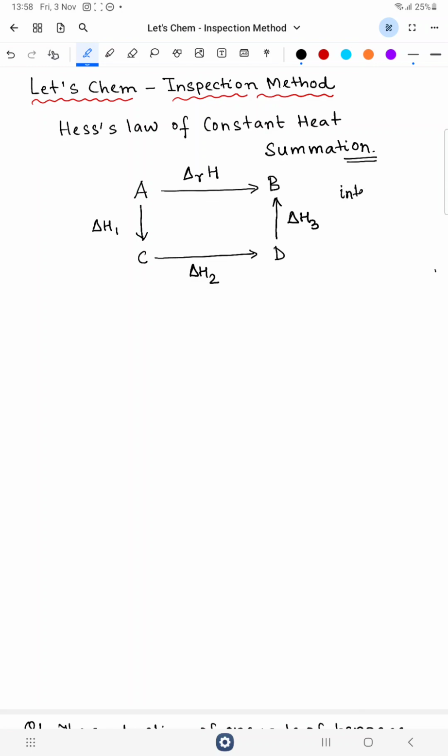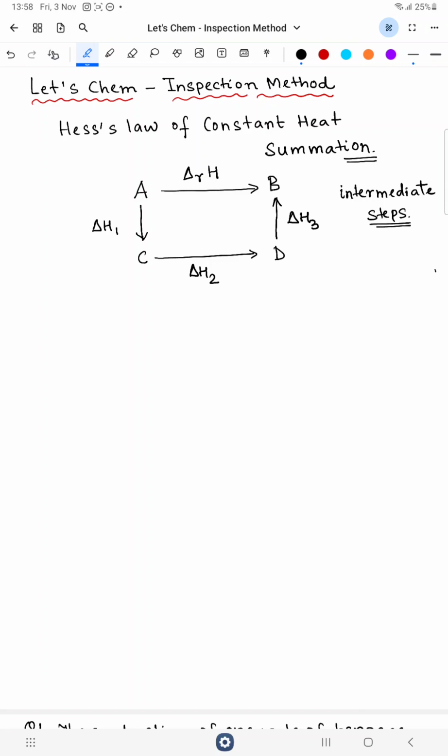What is the meaning of the word intermediate steps? It means the sub steps. For example, here A to C, C to D, D to B. What are these? Intermediate steps.